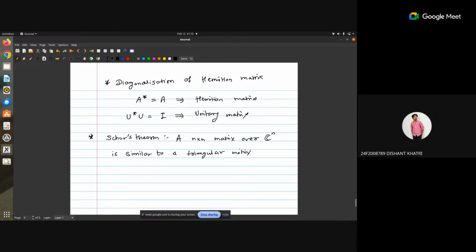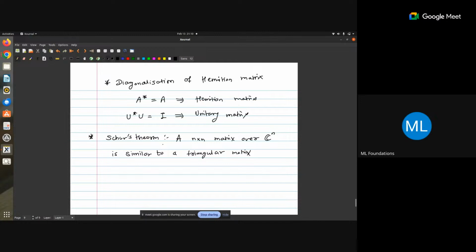Upper triangular also, yes. Upper triangular and lower triangular don't make much difference, because we have the LU decomposition.